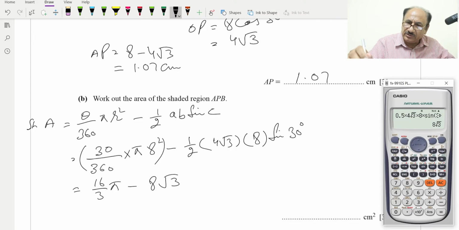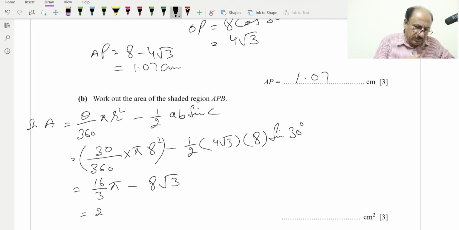Now we can further simplify. This will be 16 over 3 pi, and this will be pi, minus 8 root of 3, and this is equal to 2.898 or 2.89.